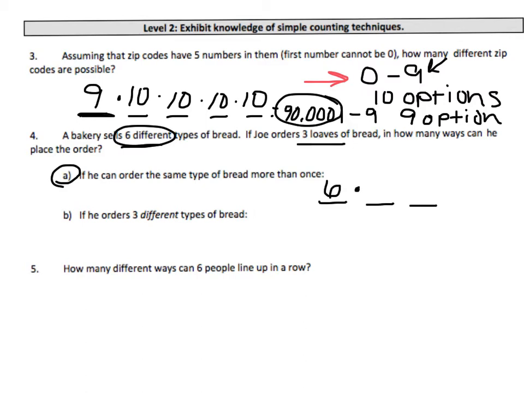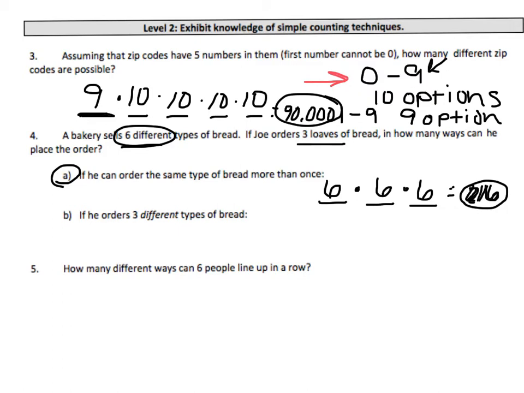Now the second loaf of bread that I place, I could also place that same loaf of bread, so I still have 6 options. And same thing for the third one. I can place the same loaf of bread 3 times. So I can buy 3 loaves of wheat bread or sourdough or rye, or I could place 3 different loaves. The whole idea is that there are 216 different ways that I could order these loaves of bread.